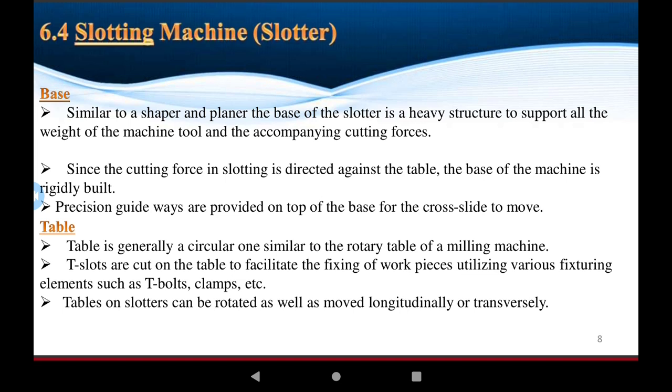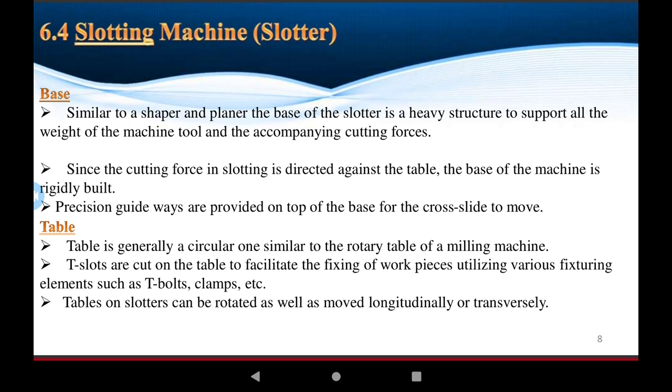The base of the machine is rigidly built. The precision guideways are provided on the top of the base for the wheels of the cross slide to move, and also for sliding motions, the reciprocating motion, return stroke and forward stroke. The table is also guided with the workpiece.